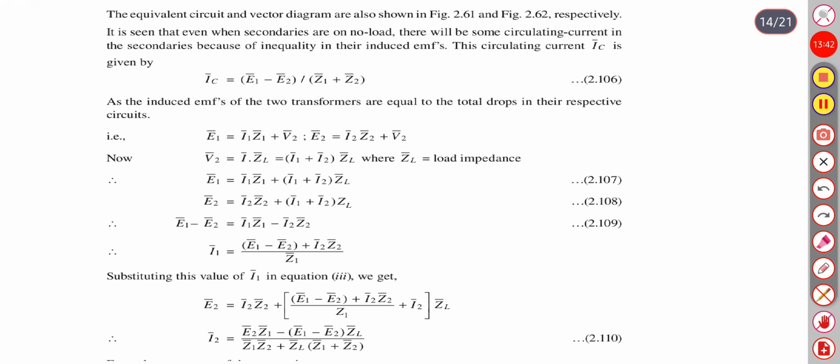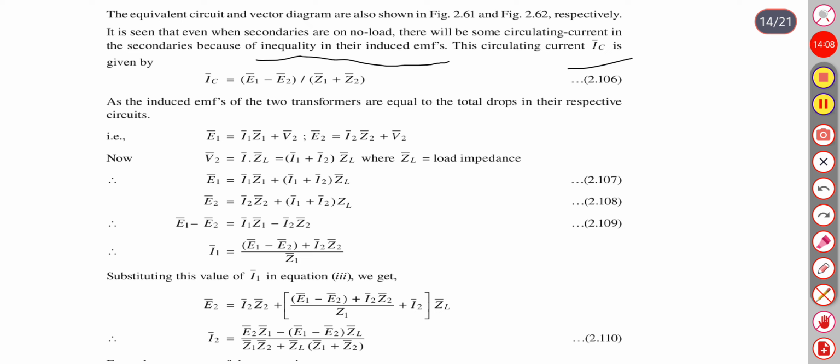The equivalent circuit and vector diagram are shown in the previous slide. It is seen that even when the secondaries are on no load, there will be some circulating current in the secondary because of inequality in their induced EMF. This circulating current IC will be (E1 minus E2) upon (Z1 plus Z2).